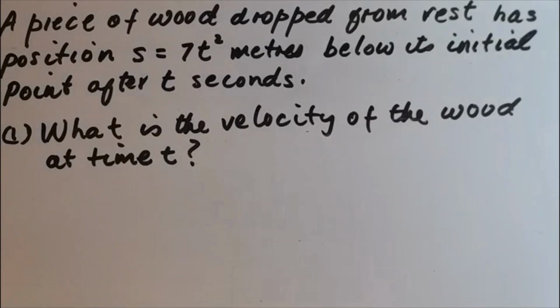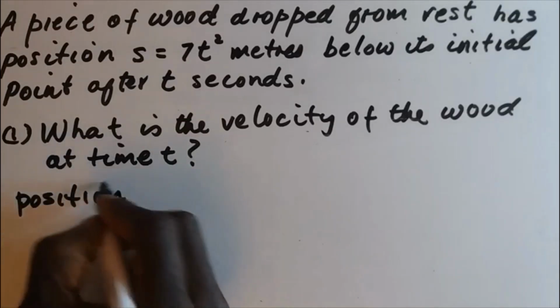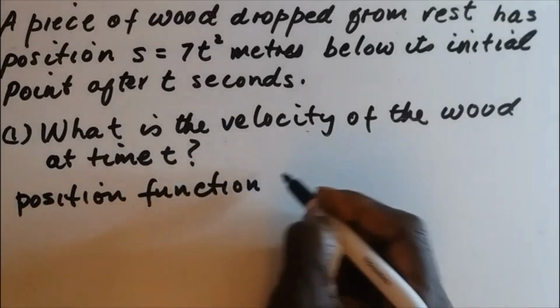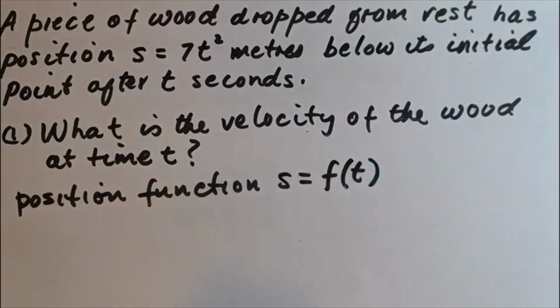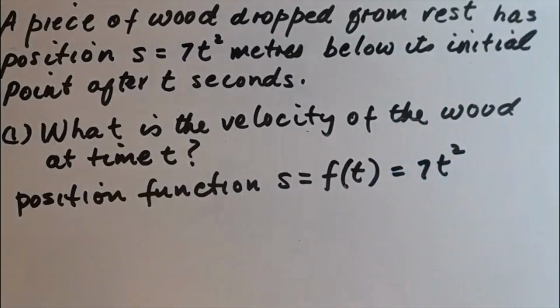Hi, a piece of wood dropped from rest has position s equal to 7t squared meters below its initial point after t seconds. What is the velocity of the wood at time t? We know our position function s is equal to f of t, and this is equal to 7t squared.